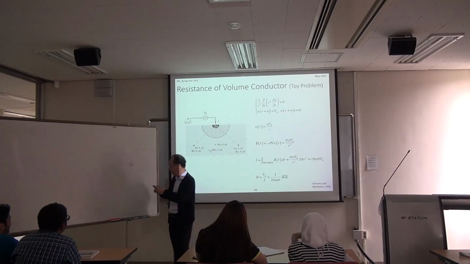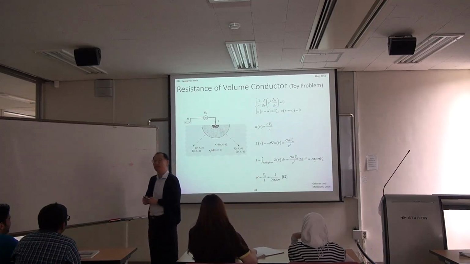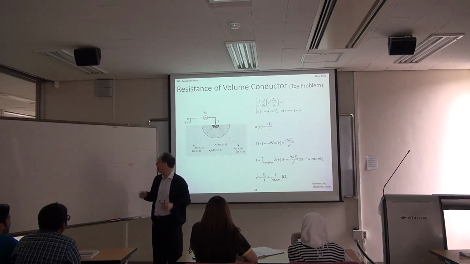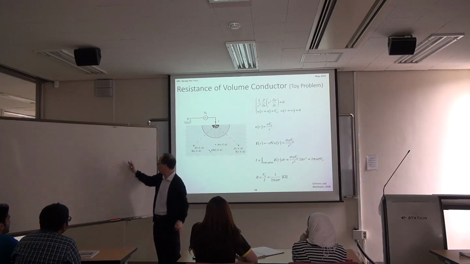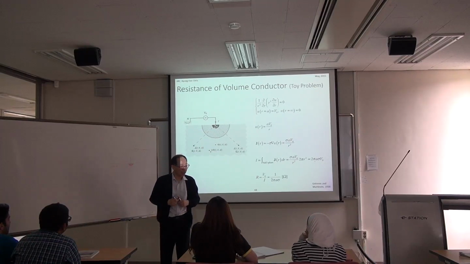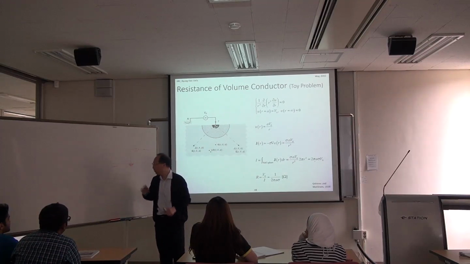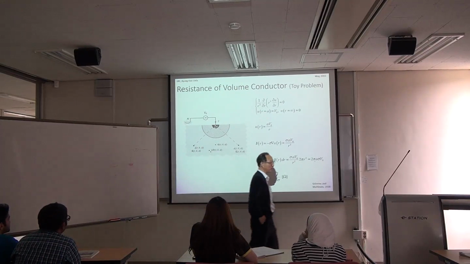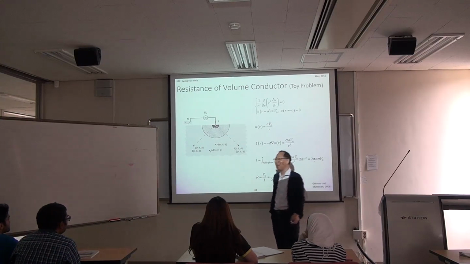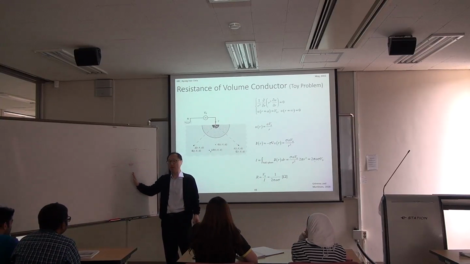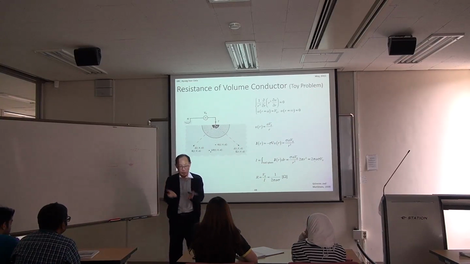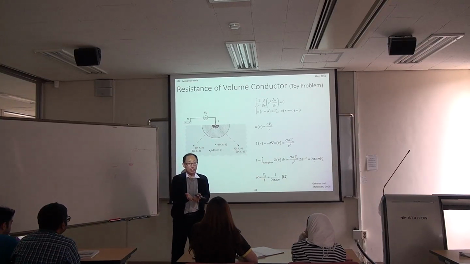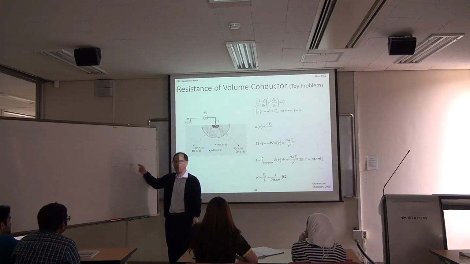Then how will current flow? Think about it. In this case, all the current will enter, and then current will escape from the surface of this electrode, right? And the conductivity of the water in the Pacific Ocean is sigma. So everywhere conductivity is sigma. And this is a sphere. Is there any reason why current will flow more toward a certain direction?